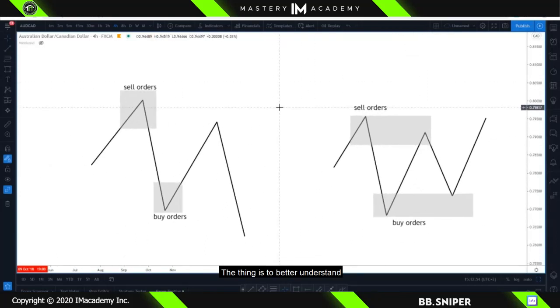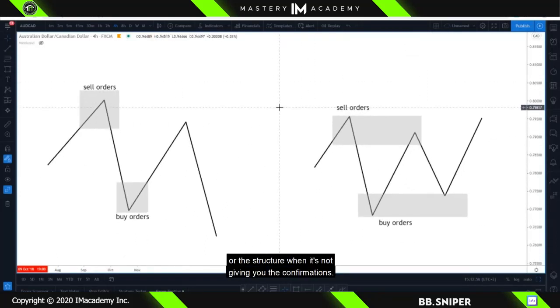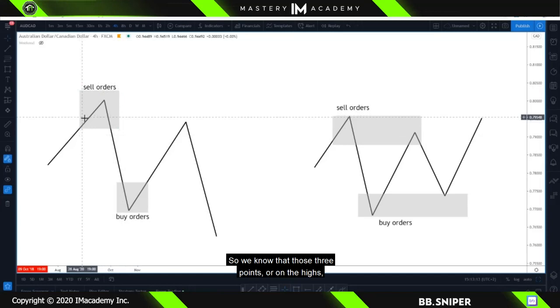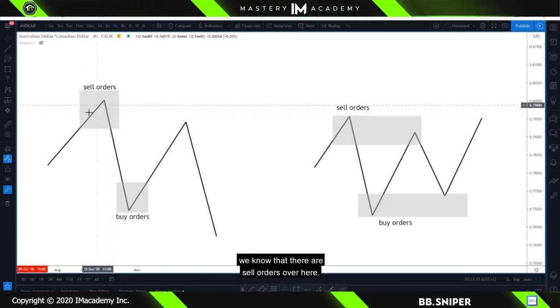to better understand break of structure, or the structure when it's not giving you the confirmations, right? For example, if we are in a downtrend, of course, we are expecting a lower high to be formed and the market going for a lower low formation. That's on the left side right over here. So we know that on those 3 points, or on the highs, there are sell orders over here.